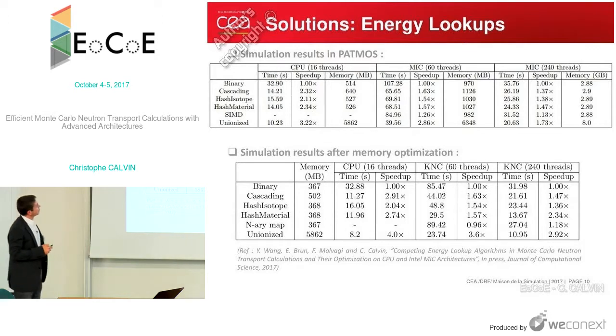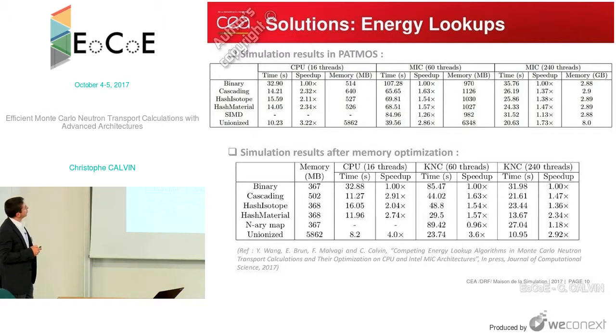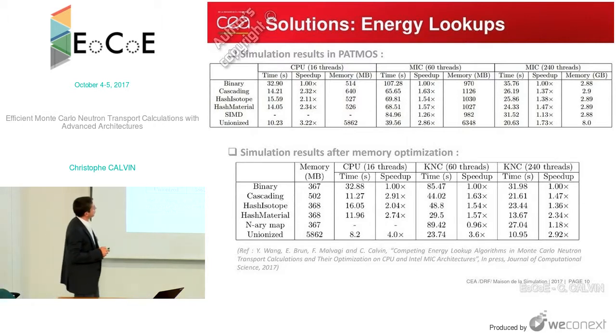And on the MIC, this is the KNC version with 60 threads or 240 threads, we obtain some interesting speedup too, but also a great increase in memory. In this first implementation we have some memory optimization problems, since we should have exactly the same memory footprint on the CPU version and on the MIC version, and that's not the case.